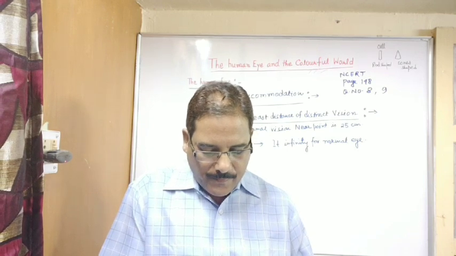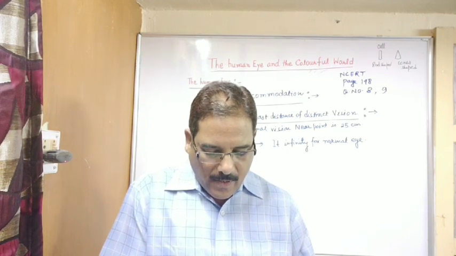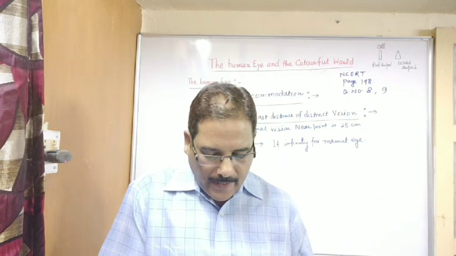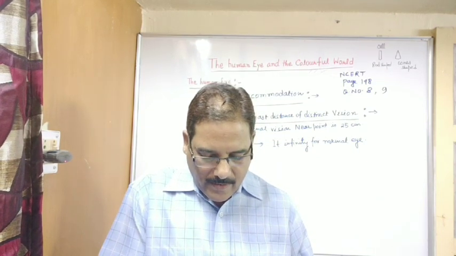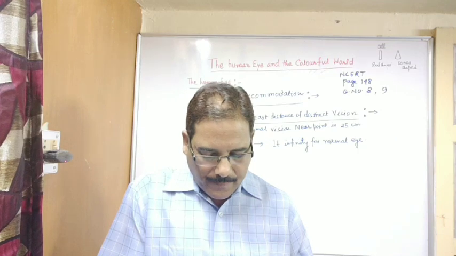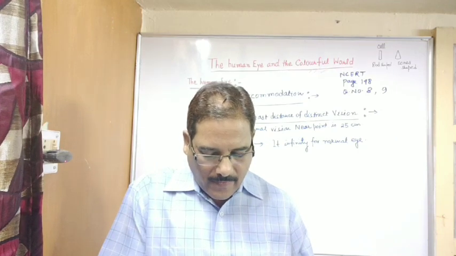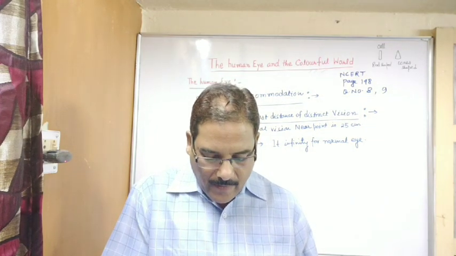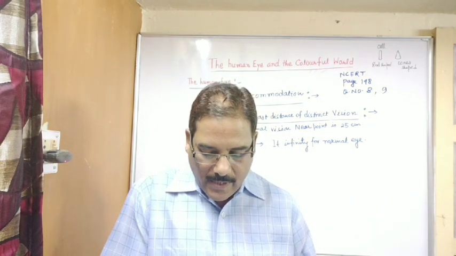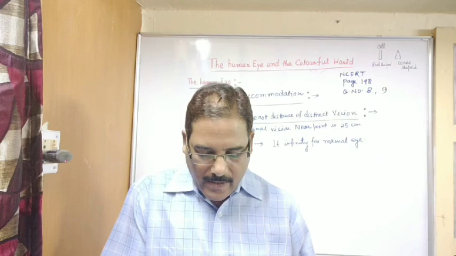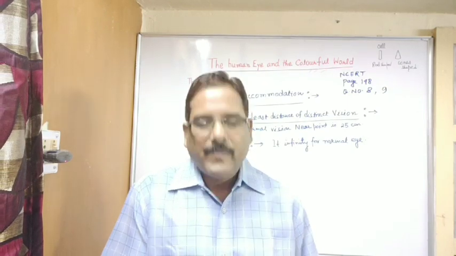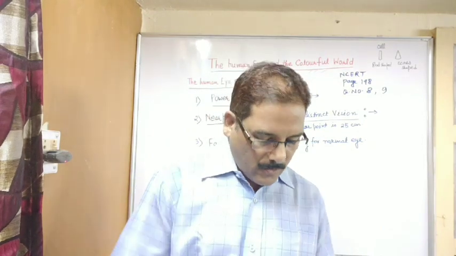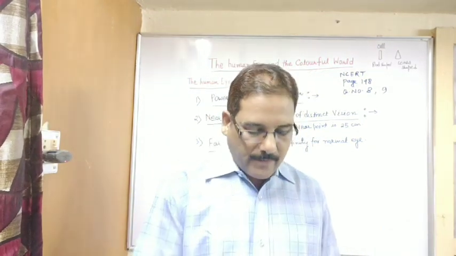This is due to: presbyopia, accommodation, nearsightedness, and farsightedness. Although we have not studied the defects of vision, next class we will discuss it. But the human eye can focus objects at different distances by adjusting the focal length of the eye lens. This is due to accommodation. So the second option is correct.